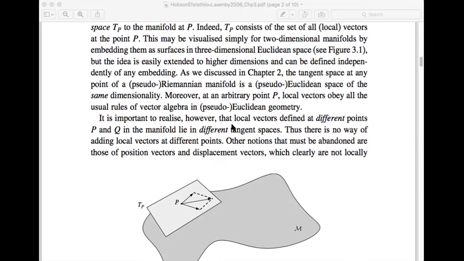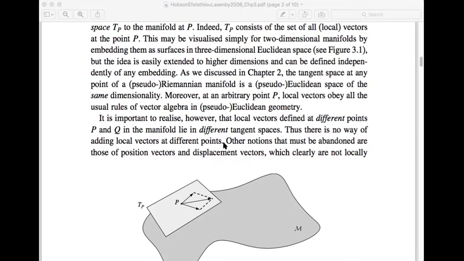Thus, there is no way of adding local vectors at different points. Of course, because they're in different vector spaces, right? If we could add them, or take linear combinations, then they'd be in the same space, but they're not. They're in different spaces because they have different tangent planes.